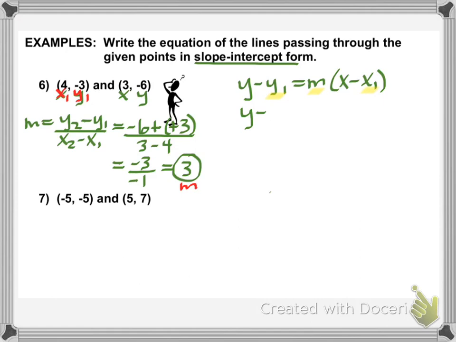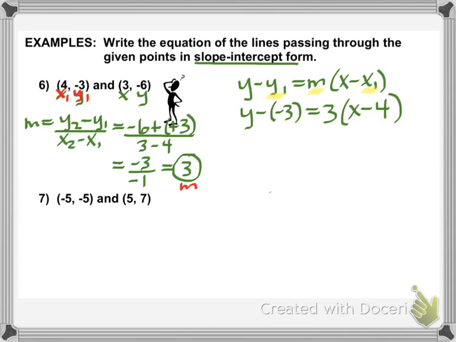Y minus, the y1 I'm using is -3, equals the m that I just found is 3, parentheses, x minus the x1 from the point that I'm choosing is 4. Okay, now if I had chosen the other point, this part and this part of my equation would just be 3 and -6, and it would look different right now, and that's okay. It's still going to represent the same line.